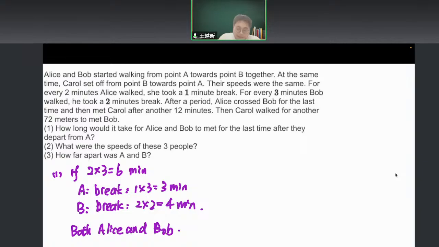So if Bob has a break 2 minutes after Alice has a break of 2 minutes, the distance will become, both of them run 6 times 2 divided by 4 minus 3 equals to 12 minutes distance.